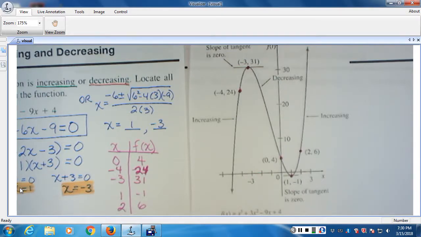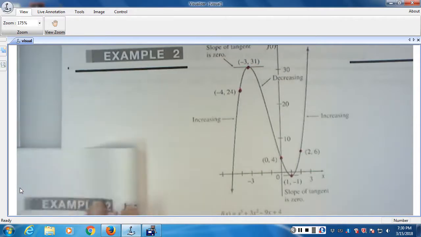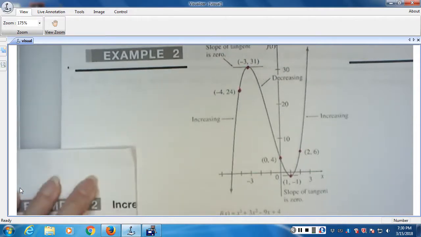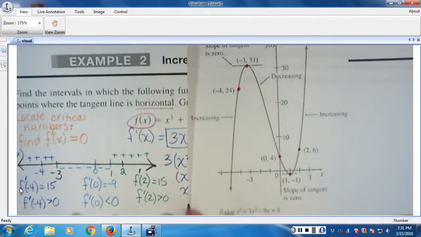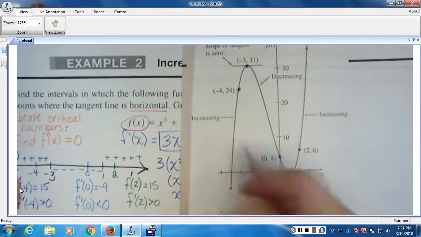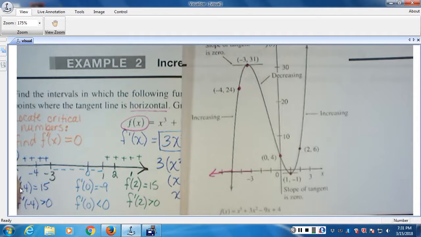And then I know from my derivative test that on the interval from negative infinity up to 3, my function was increasing.